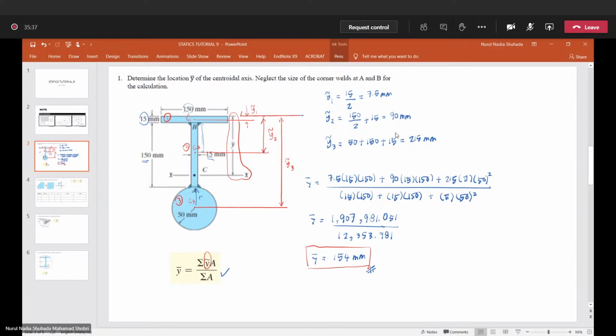Are you clear with question number 1? Are there any questions? I think question 1 is quite direct, so I hope it's clear. Are you okay with question number 1?